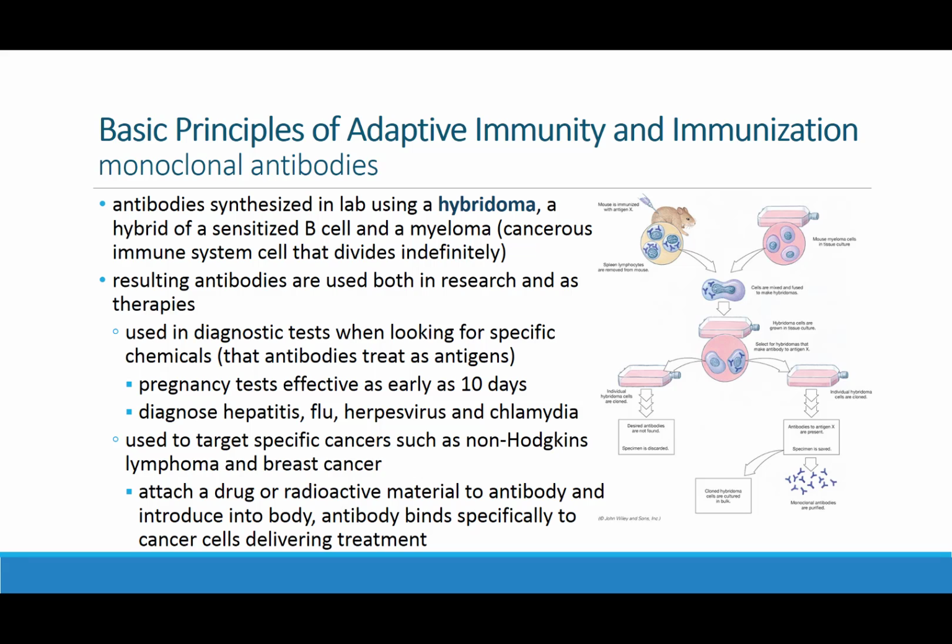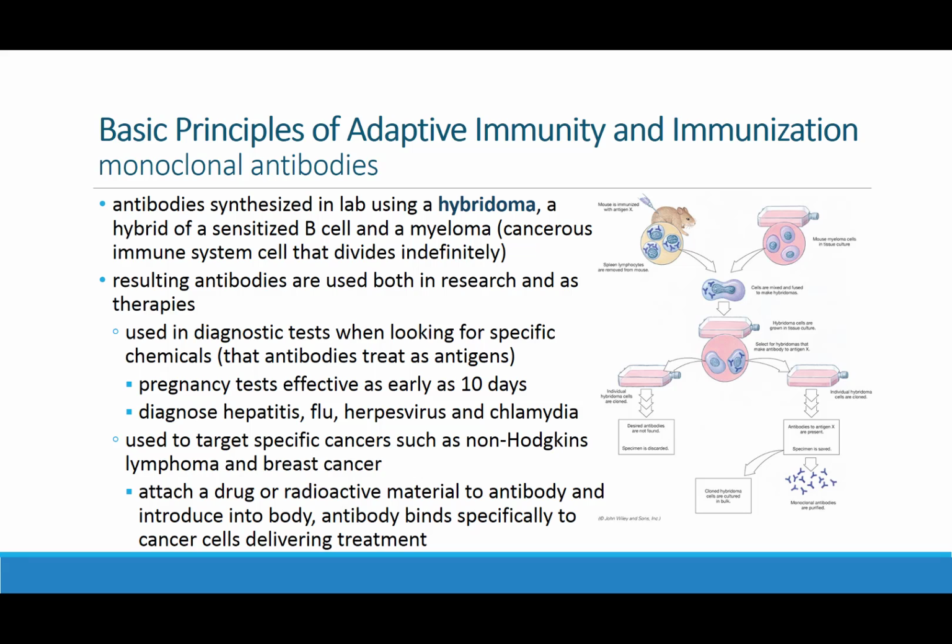Monoclonal antibodies can be used in diagnostic tests because as the antibodies bind to antigen, we can find evidence of them. They're used as pregnancy tests, and they're effective as early as 10 days post fertilization of the egg.